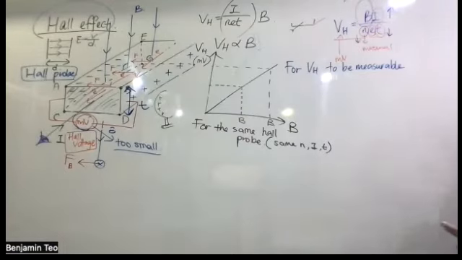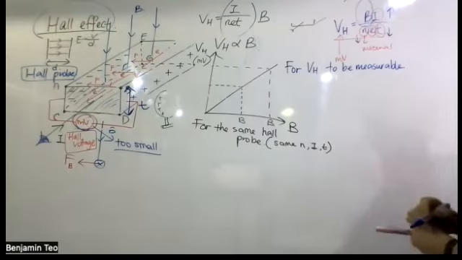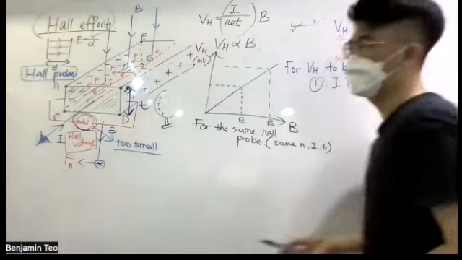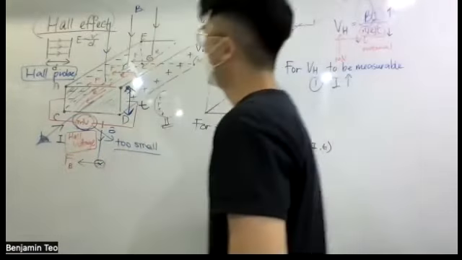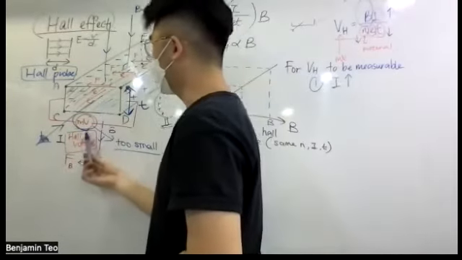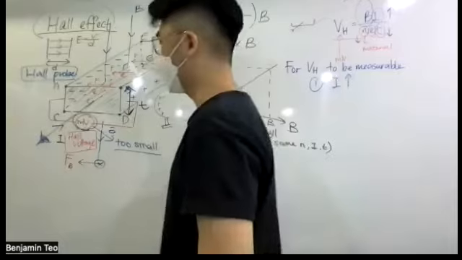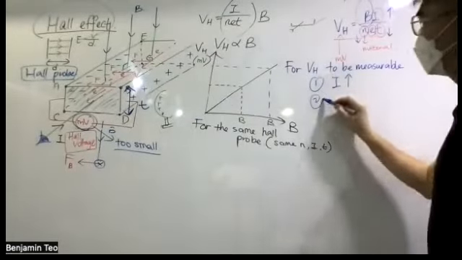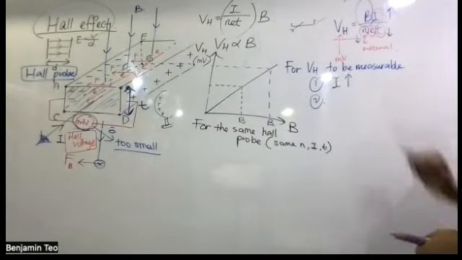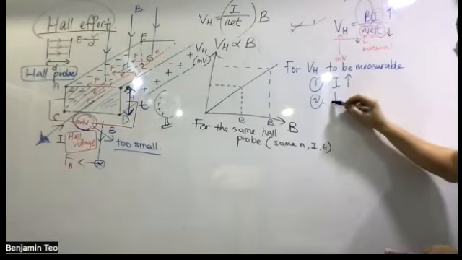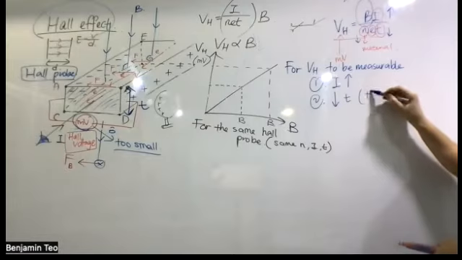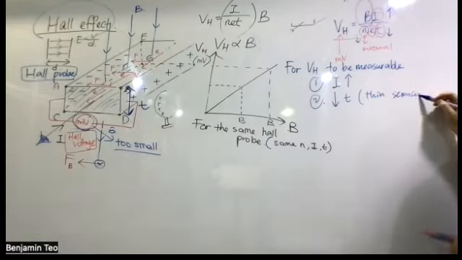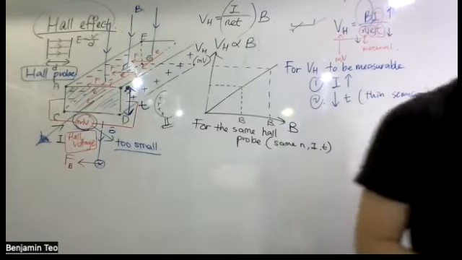There are three ways we can do it. First, increase the current I. If I can increase this current, I increase my chances of taking the reading successfully. Number two, decrease the thickness. Use a thin semiconductor, a thin slice.